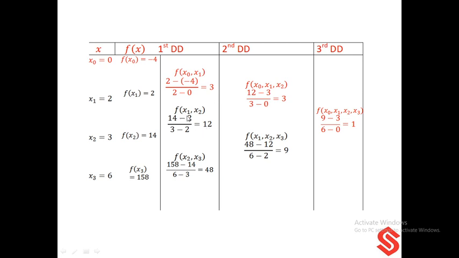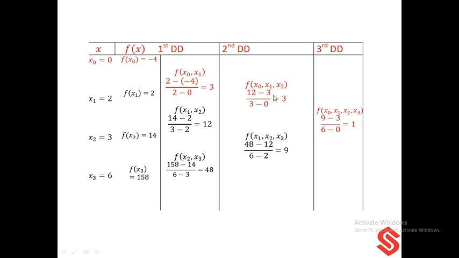Next, f(x1, x2) is defined as (f(x2) - f(x1)) / (x2 - x1), that is (14 - 2) / (3 - 2), we get 12. Next, f(x2, x3) is defined as (f(x3) - f(x2)) / (x3 - x2), that is equal to 48.